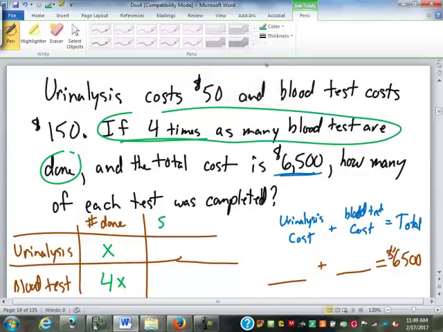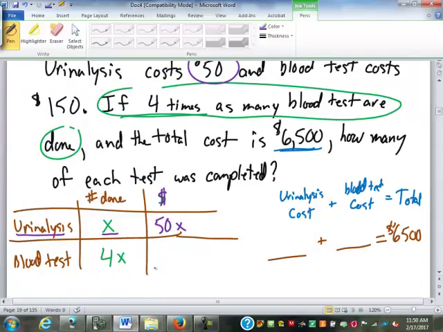We need to do now the total cost, the dollars for each. Well, the total cost is going to be the cost per test times the number completed. So for urinalysis, it is $50 per test times the X tests that were completed. So 50 times X is just 50X. For the blood tests, those are $150 each, times there were 4X of them that were completed.